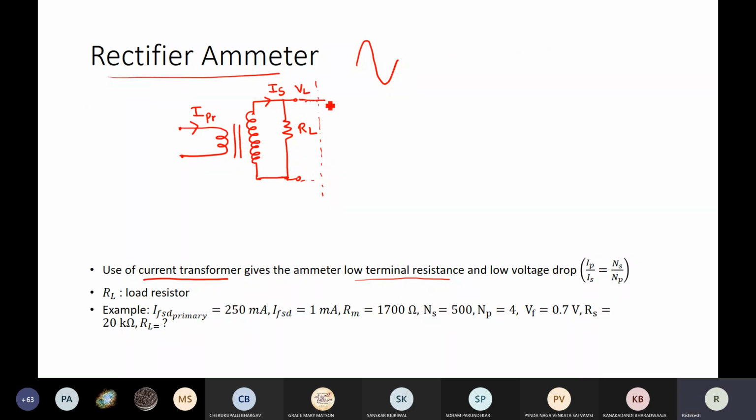This voltage is now measured with our previous design of voltmeter.